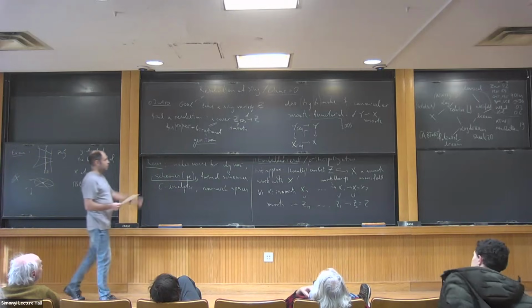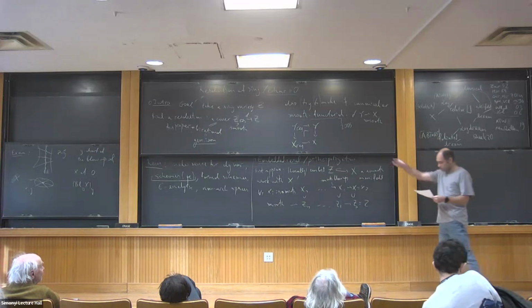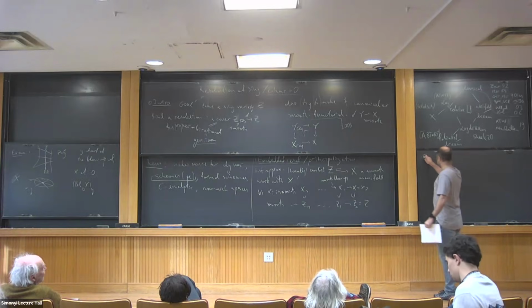Also, I forgot to give you a couple of examples of singularities, but okay, so we will do it now. So, you can consider such a thing. Example of resolution.